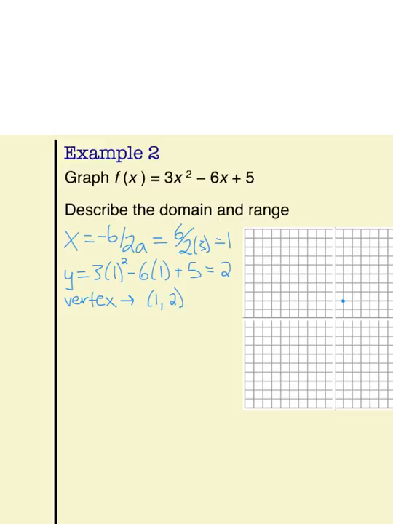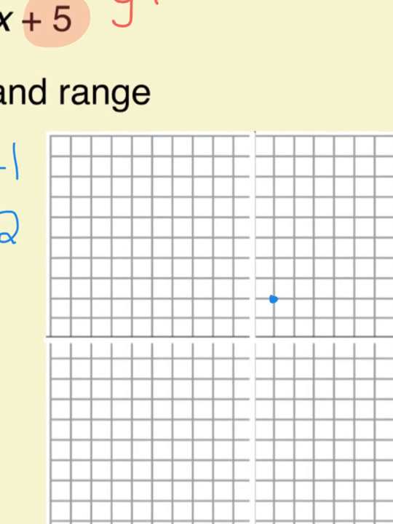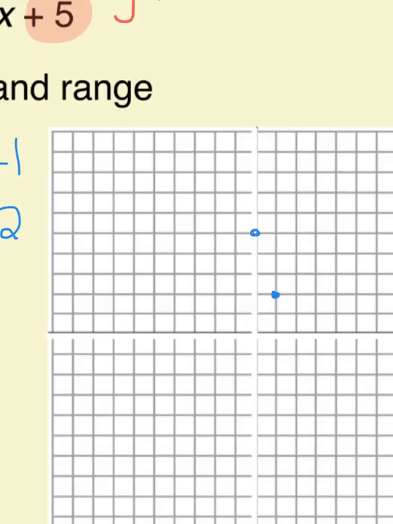If you look back at the vocabulary at the beginning of the notes, remember it said the y-intercept is C. So this positive 5 is our y-intercept. So I can also plot a point at 0, 5. That's our y-intercept. So I know part of my parabola is going to look like that.